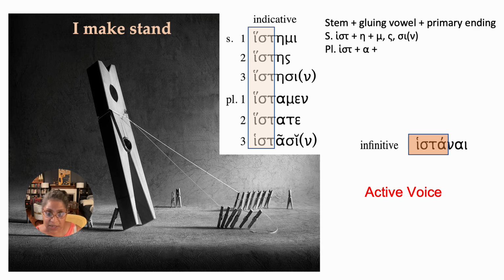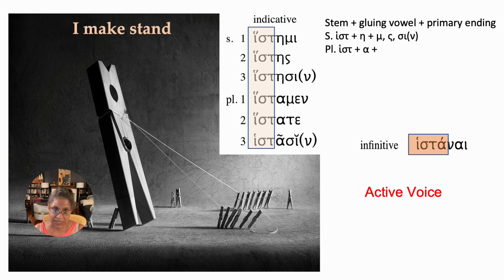All right. So now let's think about the mi verbs. And especially histemi is particular. It's a perfect verb in the sense that it has all of its parts. But because it has all of its parts, it's also kind of tricky because of how it's going to be used.